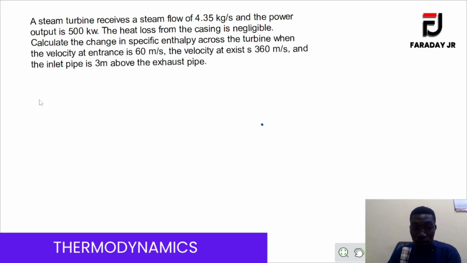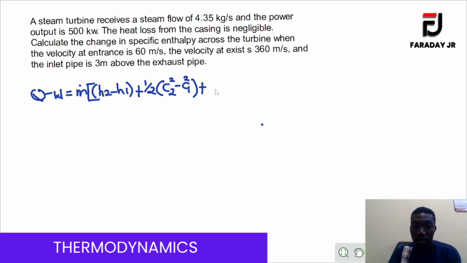So we have Q minus W, which is equal to the mass flow rate, and in brackets we have H2 minus H1, plus half of the velocity outlet minus velocity inlet, all squared, plus gravity multiplied by the height outlet minus the height inlet.